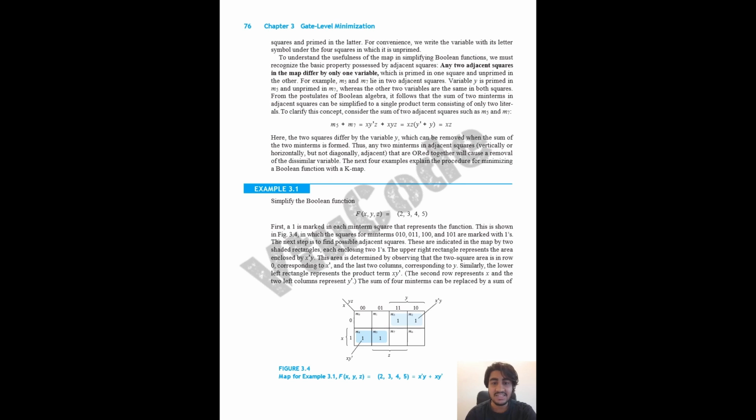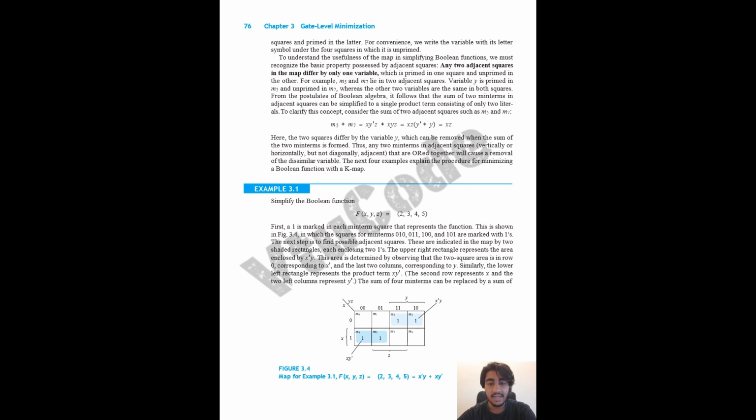Here we come across a 3 variable K-map. In a 3 variable K-map, one thing we need to note is that we have the concept of gray coding. Here in this K-map, 3 variables, so we have x, y and z. Here 0 0 is again xy, 0 1 xy, 1 1 xy and 1 0 xy, and z.